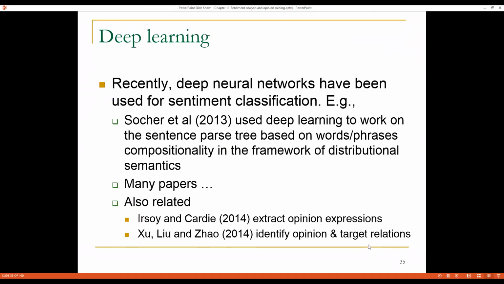There's also deep learning. Recently, deep neural networks have been used for sentiment classification. Socher and his team used deep learning to work on the sentence parse tree based on words, phrases, compositionality in the framework of distributional semantics. Many papers.